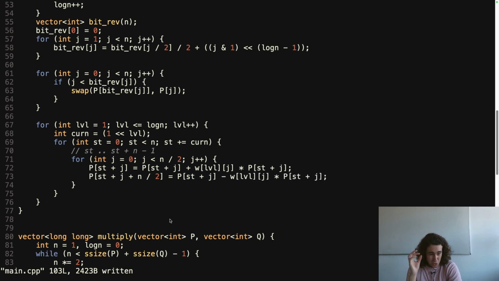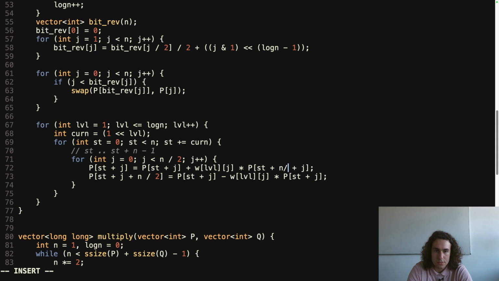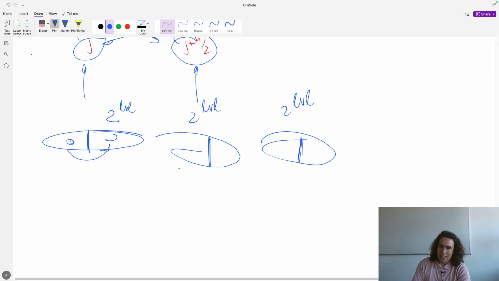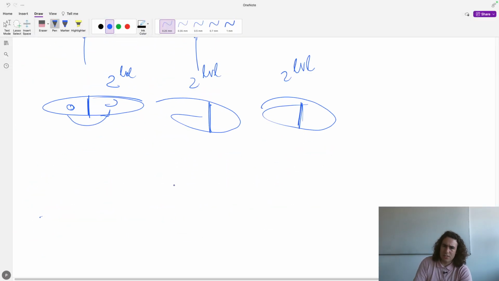And this way we get our calculation. There's one problem. And this problem is that we're recalculating two values using the same values, right? Wait, I did something wrong, right? It should be st plus n half plus j, right? Because this is p even. Like, let me draw it first so that you understand it.